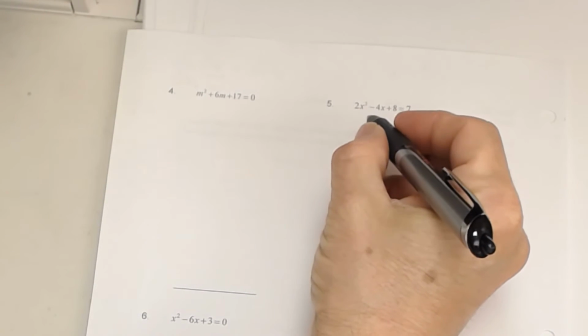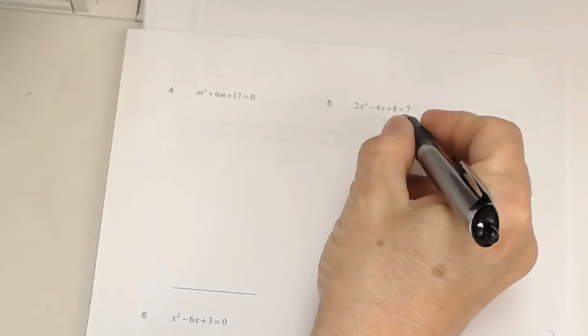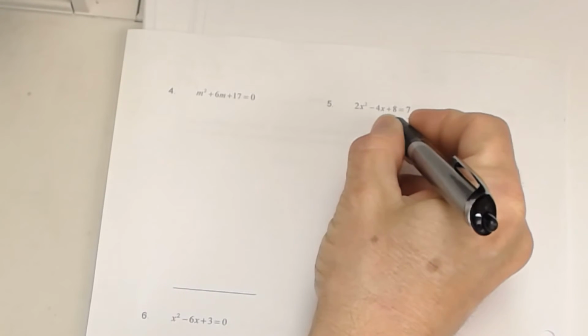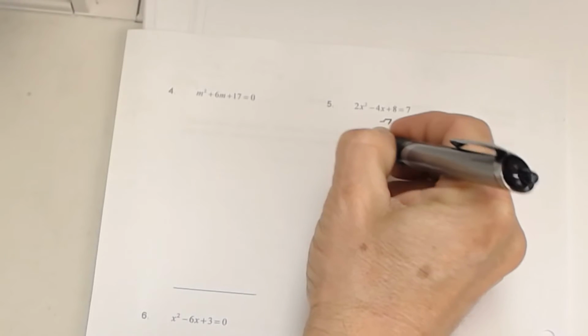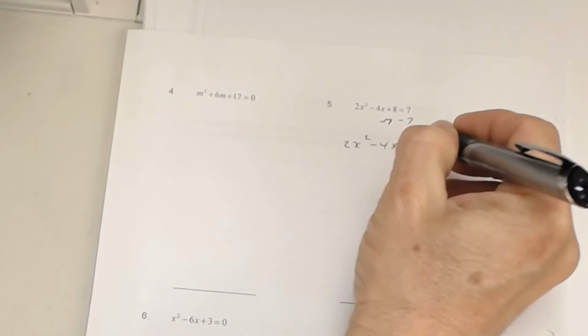Let's look at number 5. Okay, number 5, what are you going to do first? Standard form, so you're going to subtract 7 from both sides. But I can combine like terms in this case. So I get 2x squared minus 4x plus 1 equals 0.